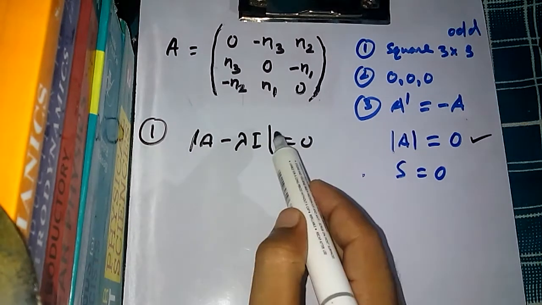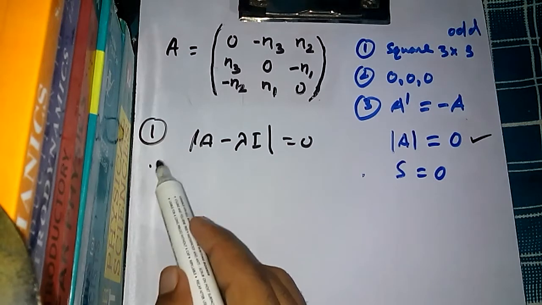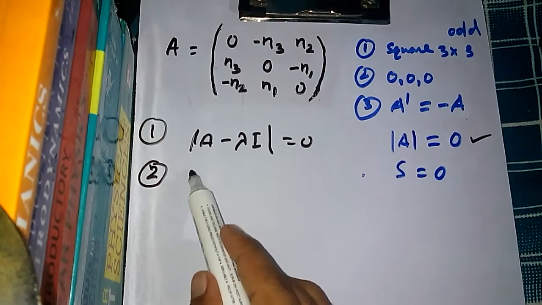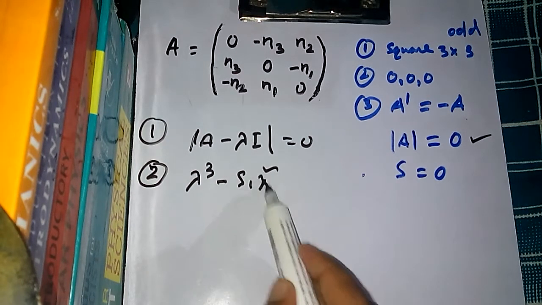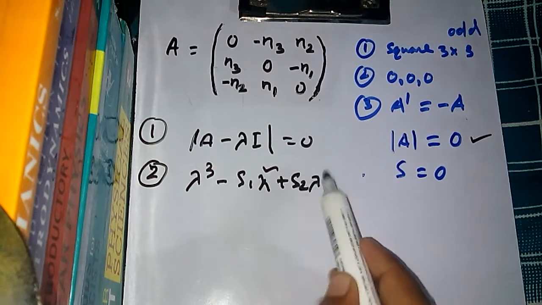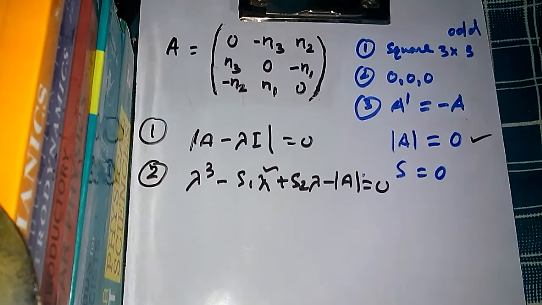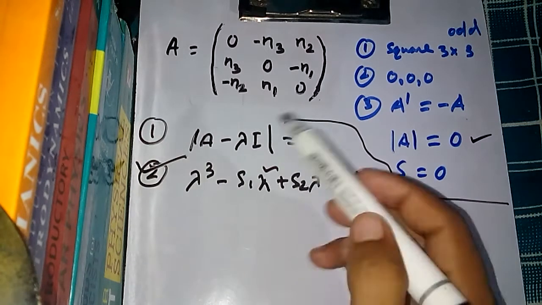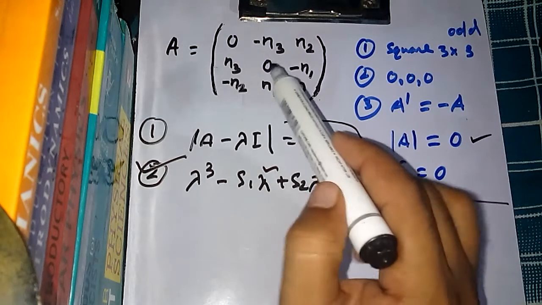But we generally don't use this because this is a very lengthy process and a little hectic. And the second process is the characteristic polynomial equation, that is lambda cube minus s1 lambda square plus s2 lambda minus determinant of the matrix equals 0. Now we will use this process to find the eigenvalues of this matrix.